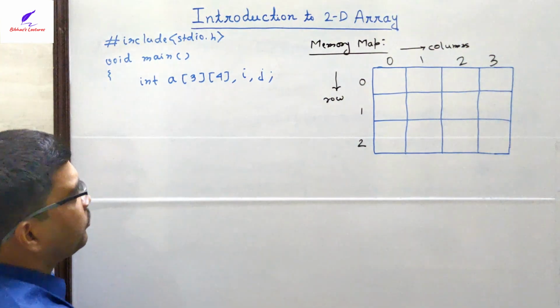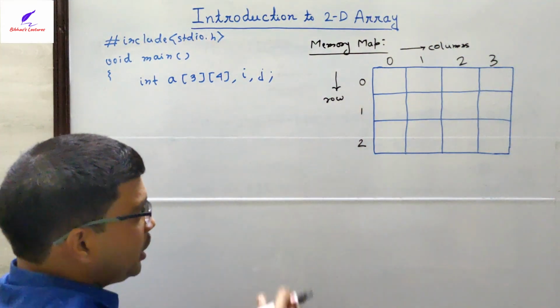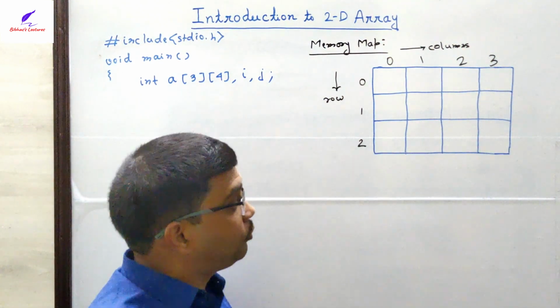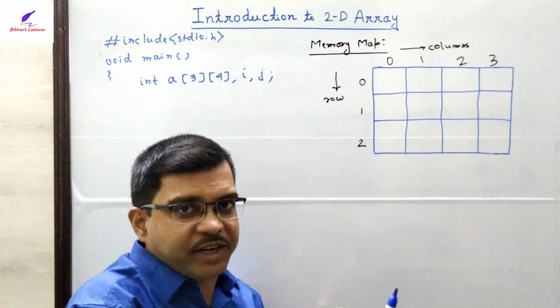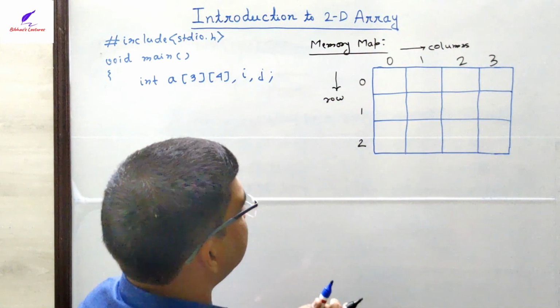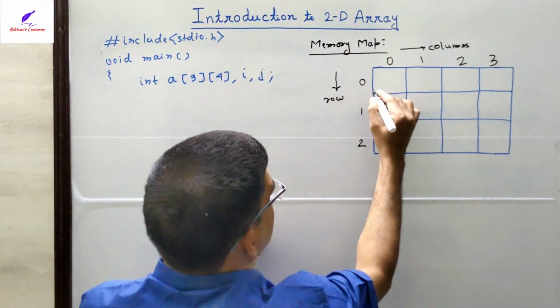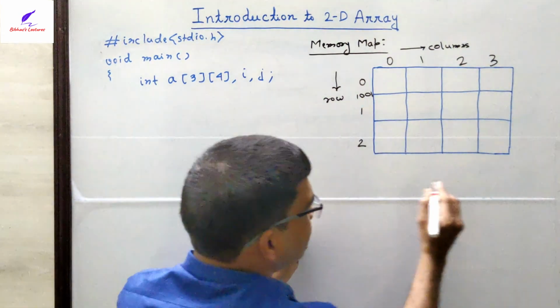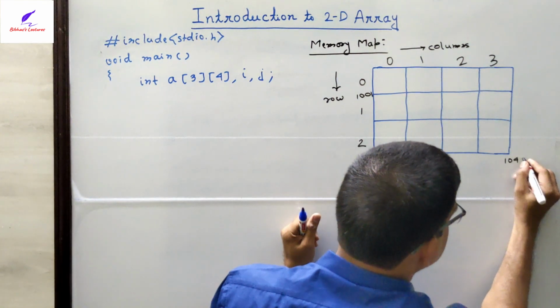Now suppose there are 12 elements, and on a 32-bit compiler an integer takes 4 bytes of memory. So for 12 elements it will take 48 bytes of memory. Suppose the allocation starts from 1001. So 48 bytes means it will end at 1048.